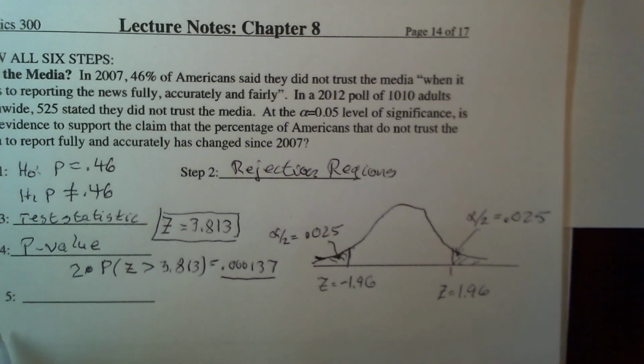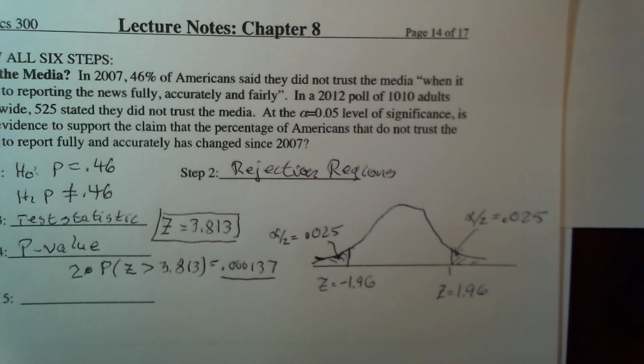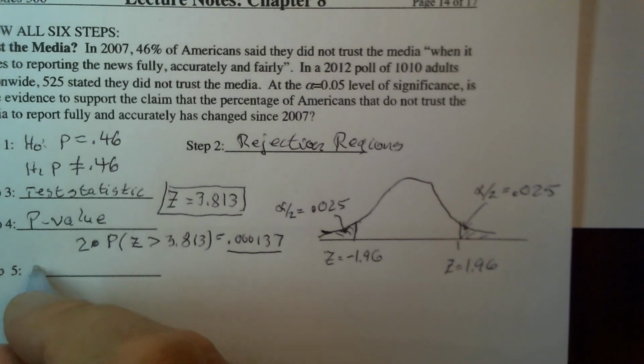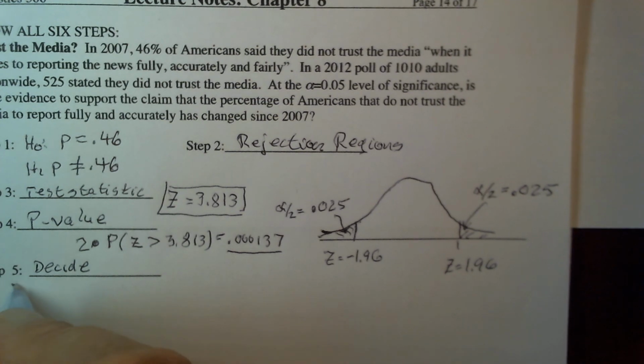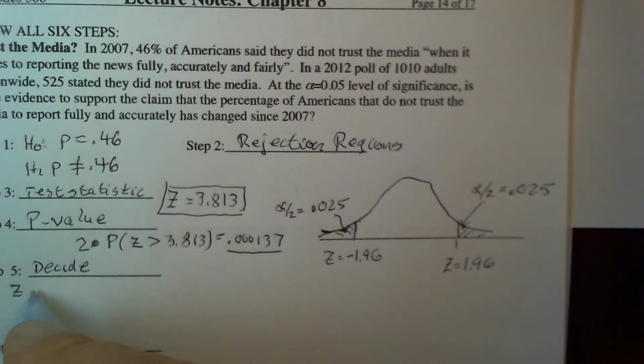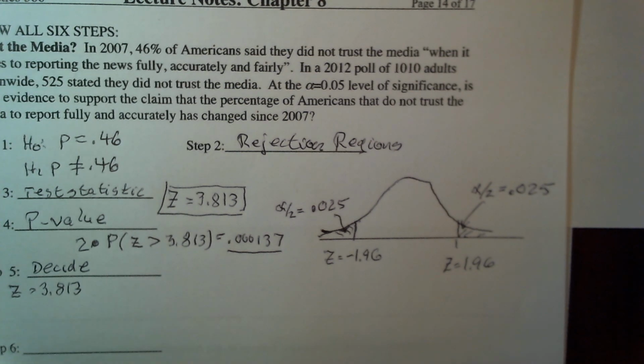And step number 5 is where we decide. We're going to do it in two ways. Number 1, we can ask, is our test statistic of 3.813 in the rejection region?